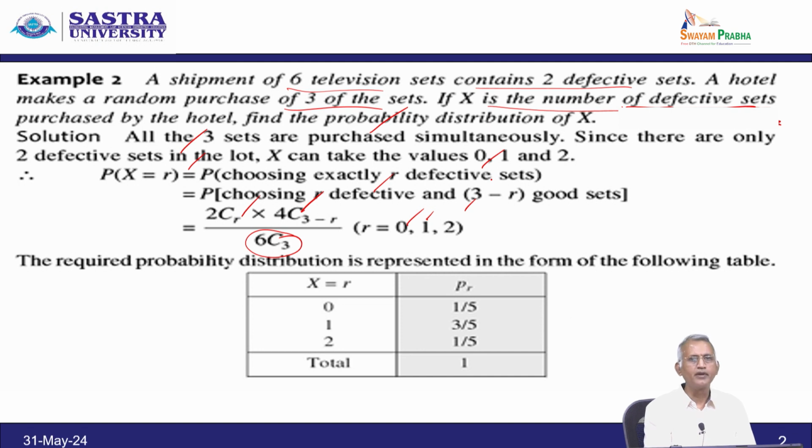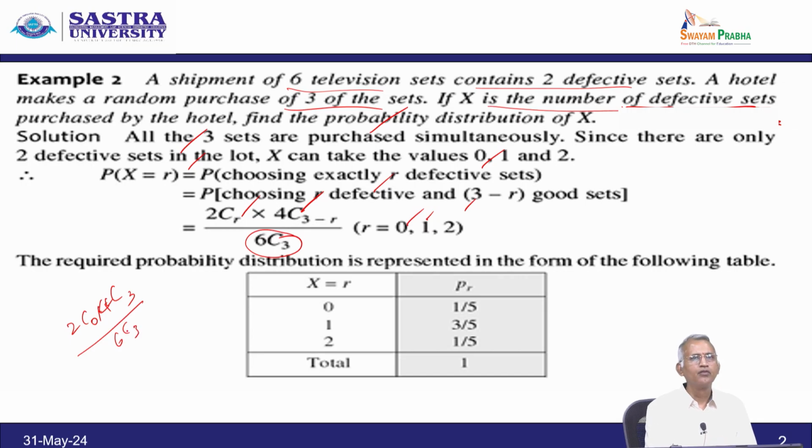Now, the required probability distribution is represented in the form of the following table. Substitute r equal to 0. Therefore, 2Cr into 4C(3 minus r), r is 0. So, 4C3 divided by 6C3.